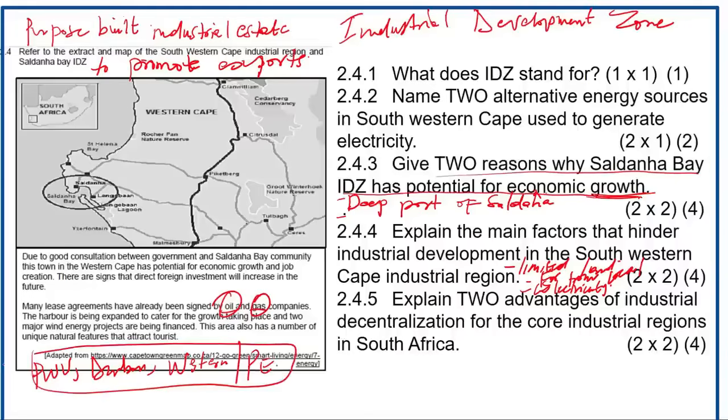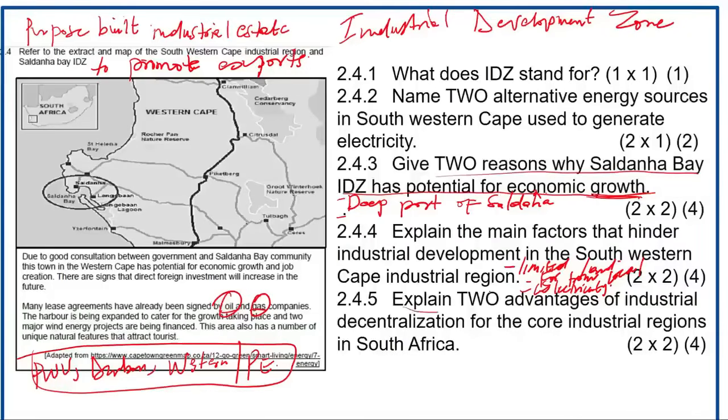This is where industrialization was centralized. But because of this, there was a lot of pressure on these areas. Because of that, there was a lot of air pollution, a lot of exploitation of resources, and a lot of challenges for this area.